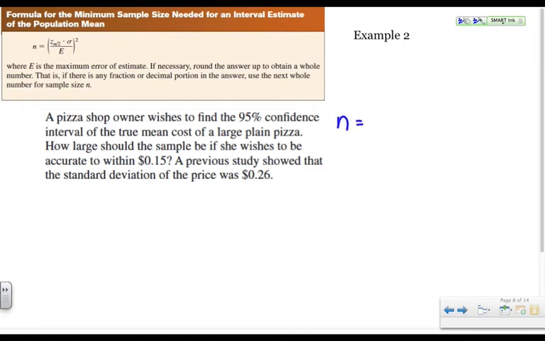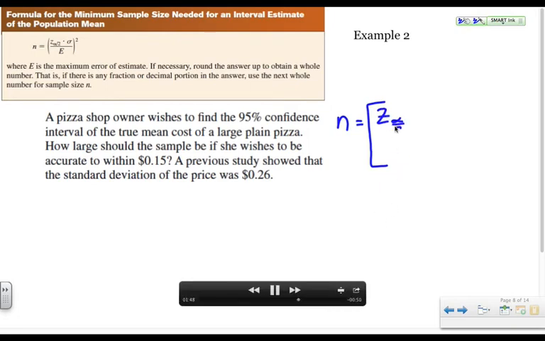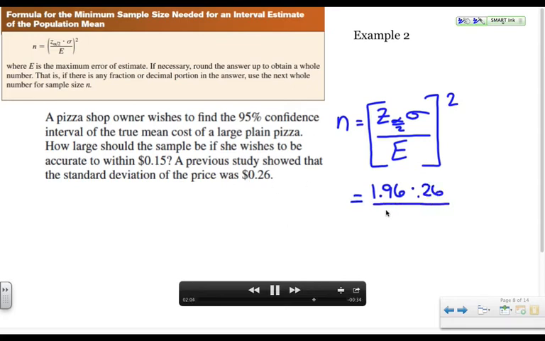My n is going to equal the z-score, which is 95%, so it's going to be 1.96, times the standard deviation over my margin of error, this is my maximum error that I want, squared. So I have 1.96 times 0.26 divided by 0.15, that's my error.